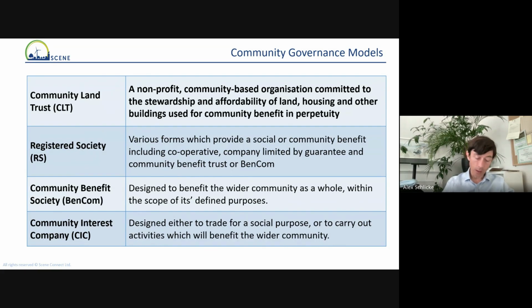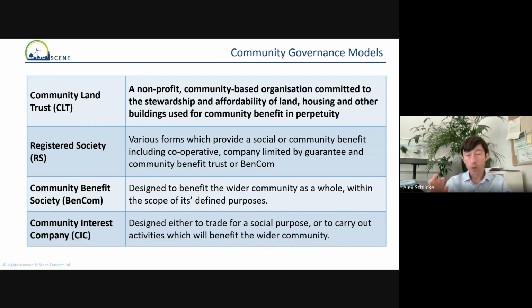We've heard Mark's got two hats, both of them BENCOMs, so community benefit societies, and they're governed and guided by the Financial Conduct Authority. So there are certain rules around that.